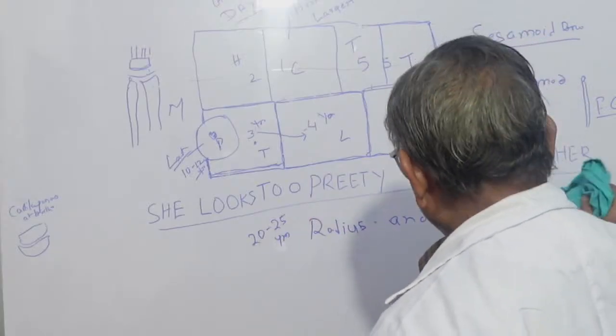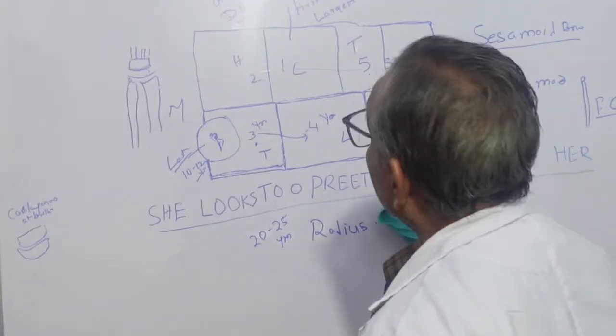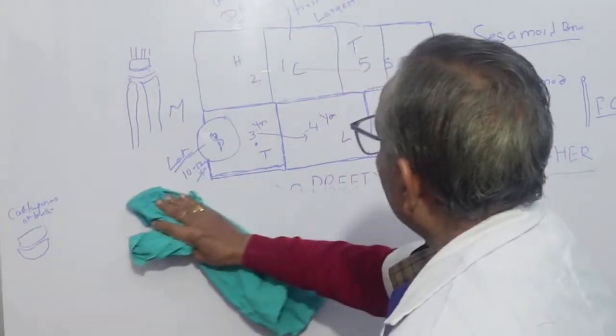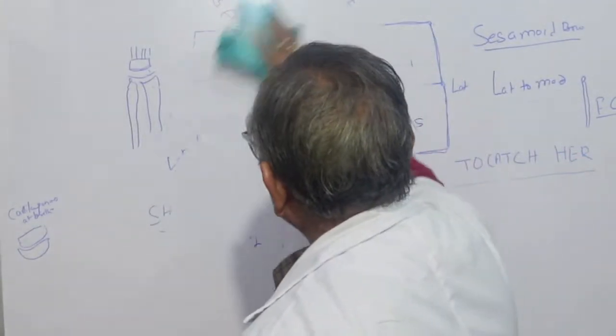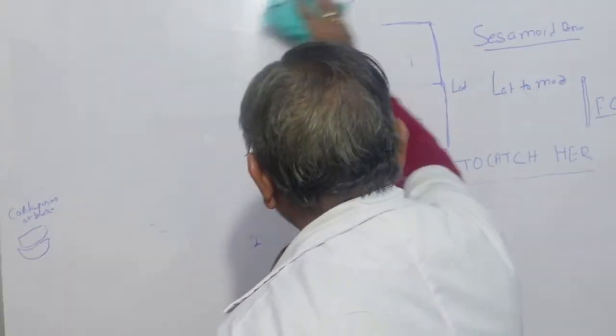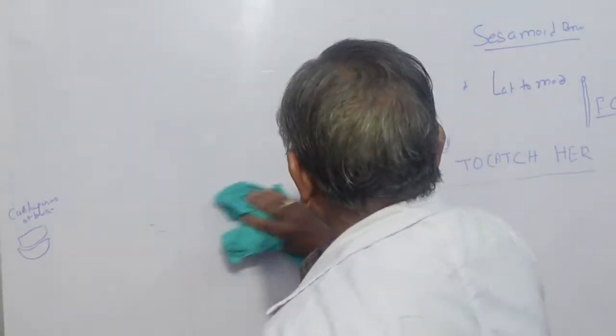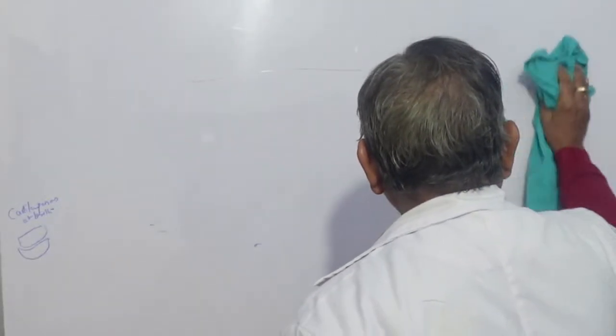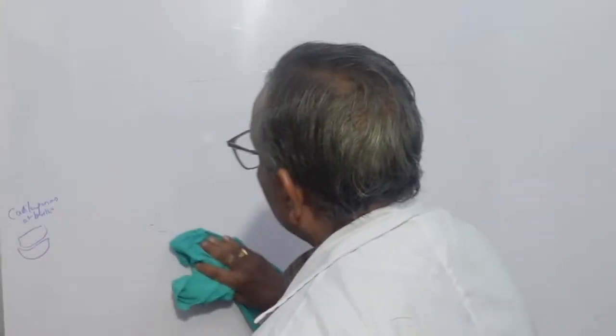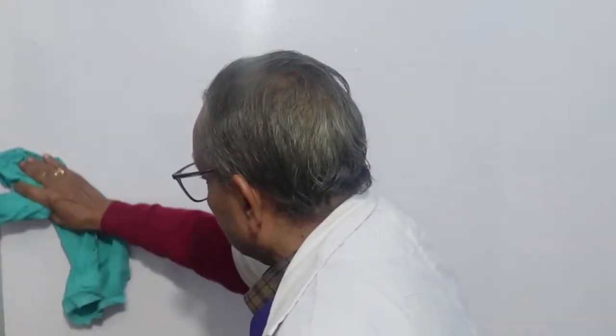Then, after knowing all this, one important thing you have to know is called applied anatomy. What is applied anatomy? What we see clinically, and which is of more importance.